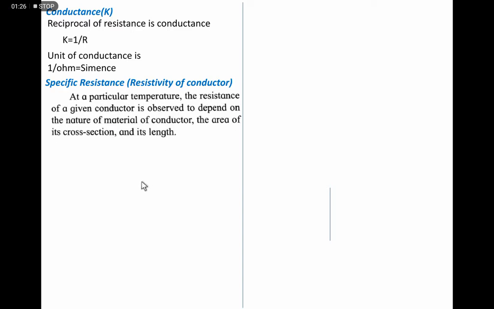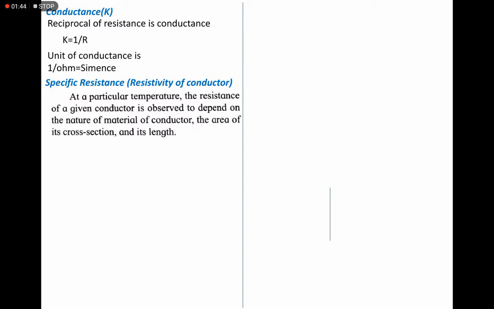Then, specific resistance or resistivity of a conductor at a particular temperature. The resistance of a given conductor depends on the nature of the material of the conductor, the area of cross section and its length.